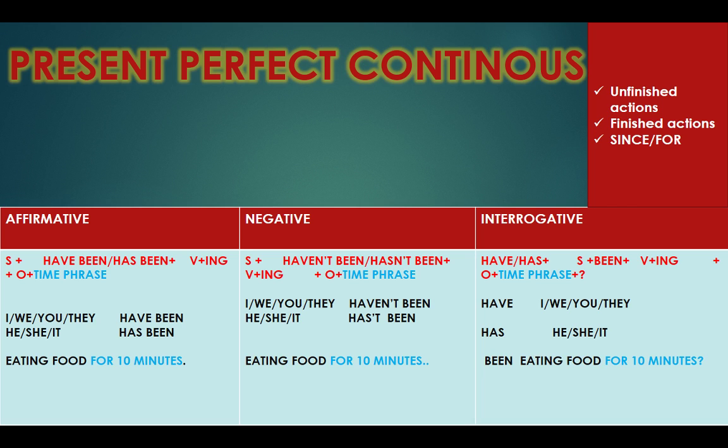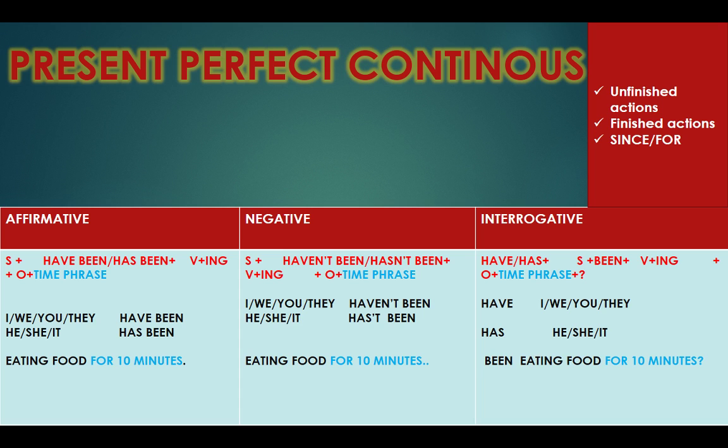So this is an unfinished action. I started explaining in the past, and I am still explaining, and the action hasn't finished yet. That's what we call an unfinished action. Do you get it? I have been talking to you and explaining these tenses for about 5 minutes or maybe 6 minutes. So these are unfinished actions, okay?